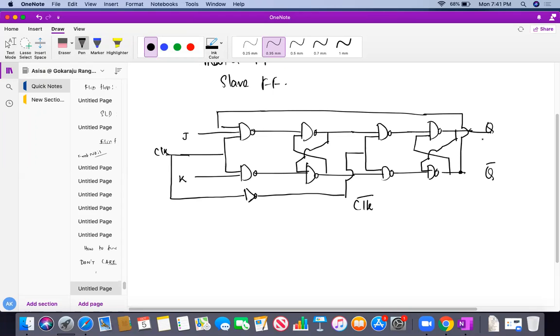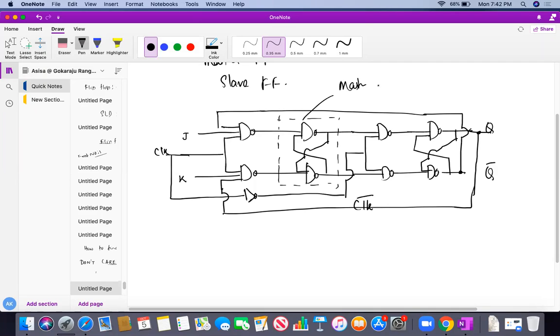Here this part is actually an SR latch kind of thing. So this is called the master, which is operated with the master clock, and this is my slave, which is operated by my clock invert. So slave flip-flop.